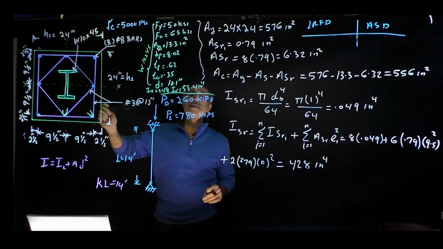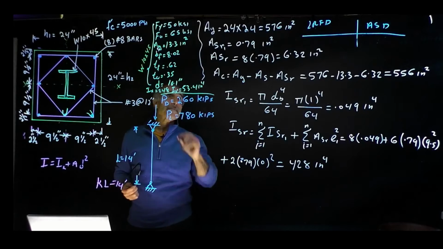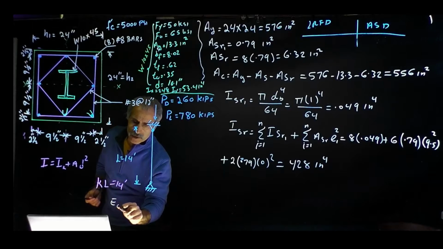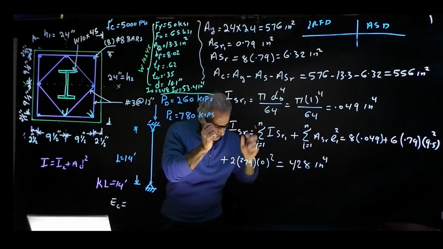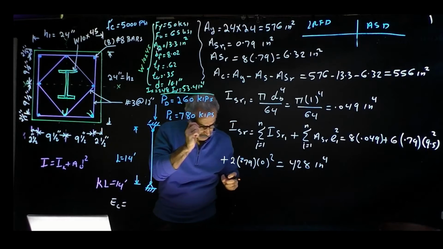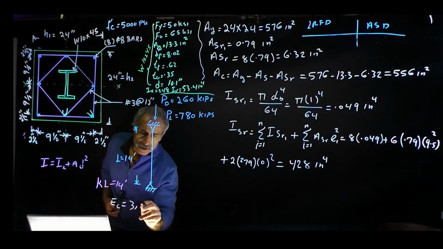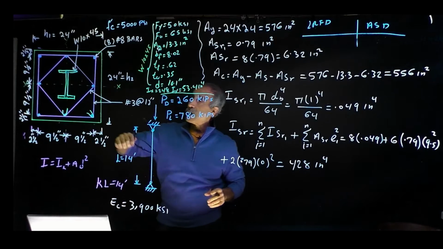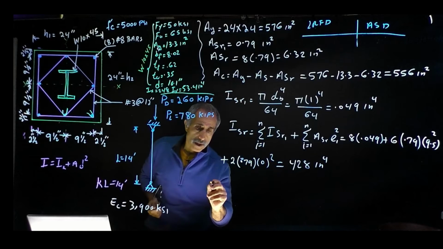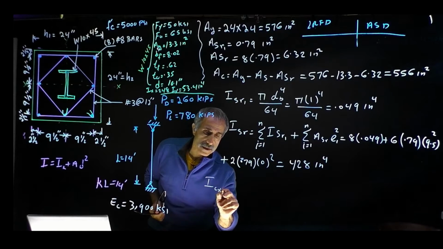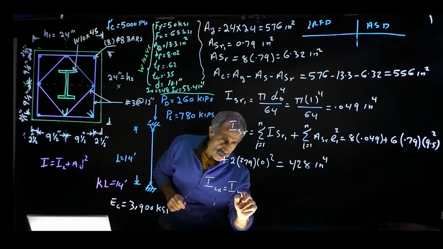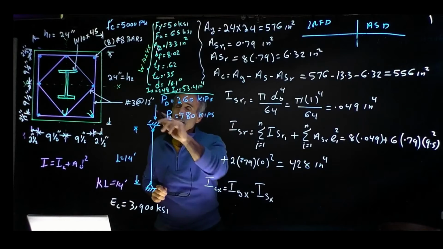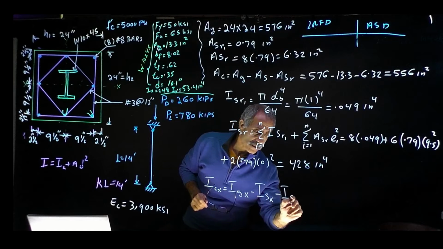One thing we didn't mention here is the modulus of elasticity of the concrete, which is 3,900 KSI. Go ahead and calculate the concrete moment of inertia. ICX is equal to I of the total section GX minus I of SX, the steel, and minus I of rebar.